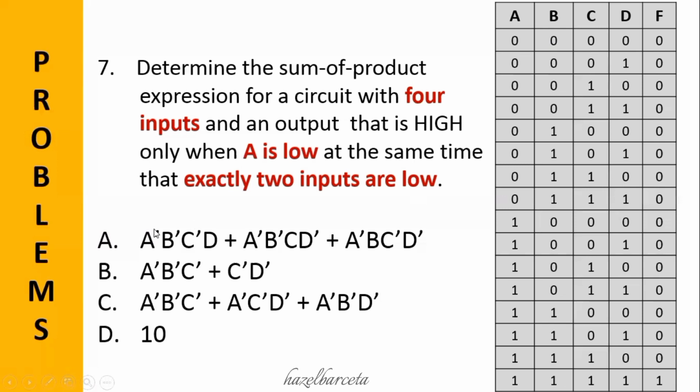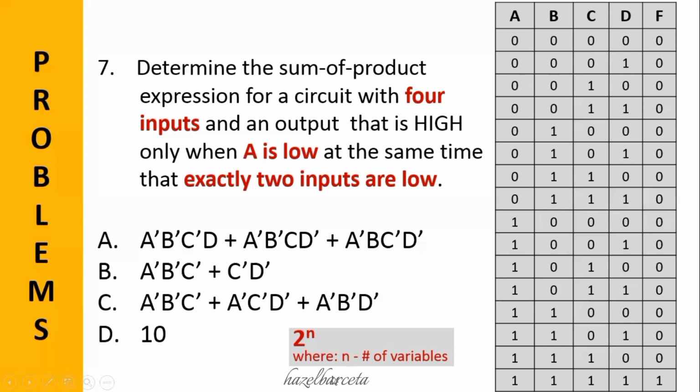So, ang A daw po, since nag-A prime, dahil nga po, ang A ay low, ang B ay low, ang C ay low, at ang D ay 1. So, ito po yung ating unang combination. Oh, I forgot. We have 2 raised to n. Magtataka po kayo bakit ang dami po natin ditong rows.